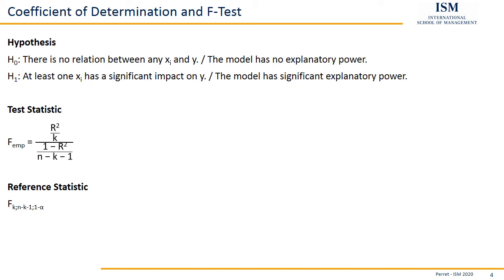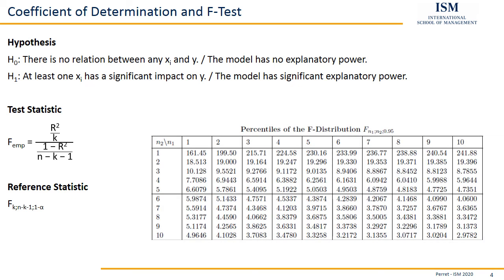And then we have 1 minus alpha, alpha being the marginal error, the acceptable marginal error. Okay, and this we can look up in a corresponding table. As now we have 3 values, there's usually one table for each 1 minus alpha percentage. So here we have the first value, the k, which we have to look up in the corresponding column.